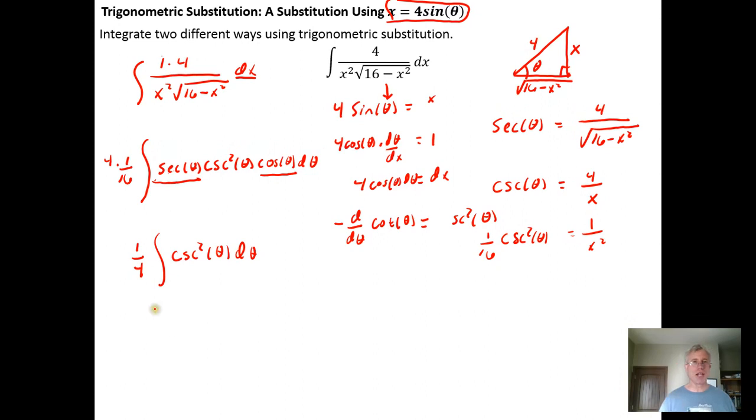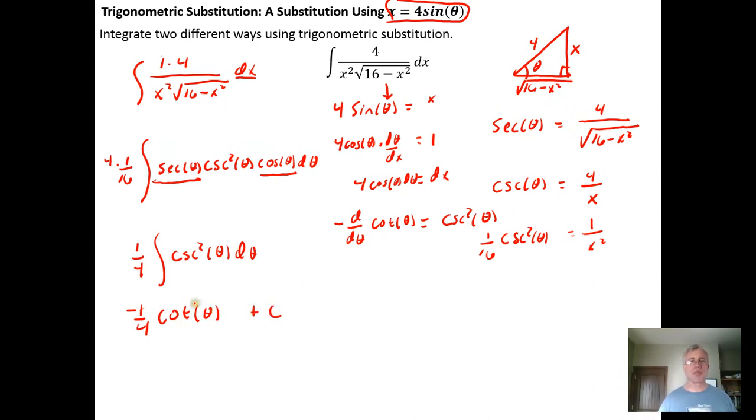So when we integrate the cosecant squared, we're going to get 1/4, we'll get a negative sign. We integrate cosecant squared. I think I lost my c. We get -1/4 times the cotangent of theta plus the constant of integration.